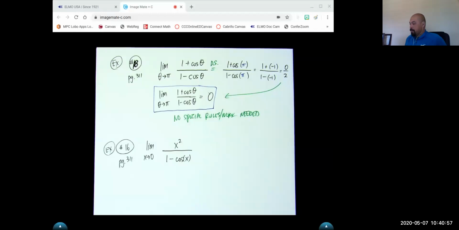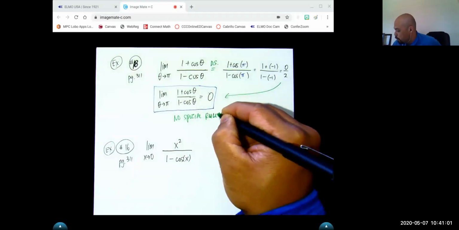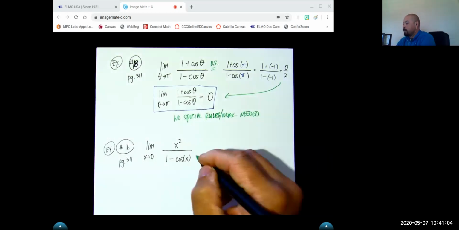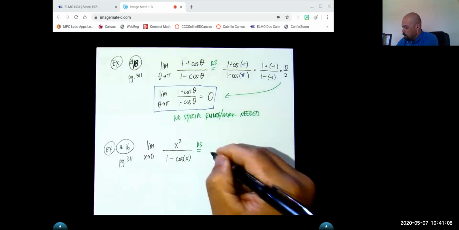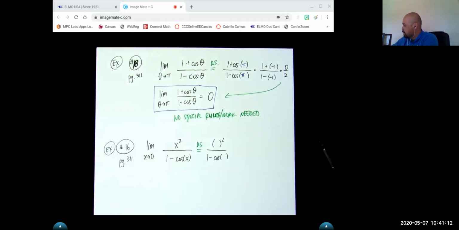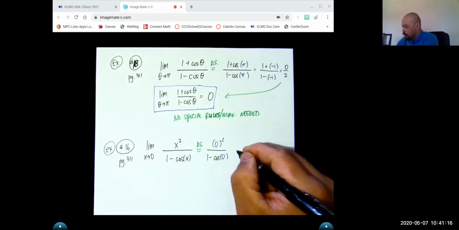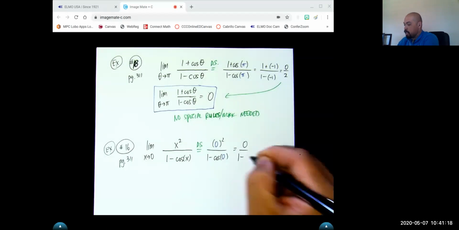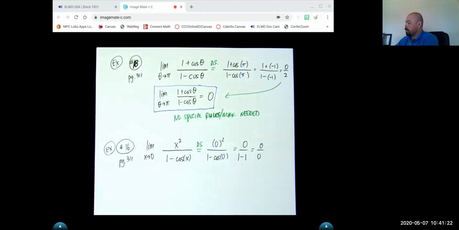All right, so now with this number 16 problem, when we do our direct substitution here, plugging in that 0 for x, we're going to get 0 in the numerator, 1 minus the cosine of 0, 1. So there we go. There is our indeterminate form.